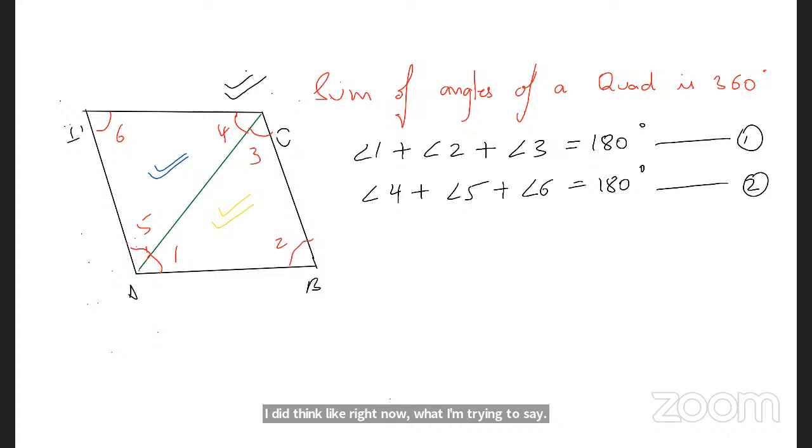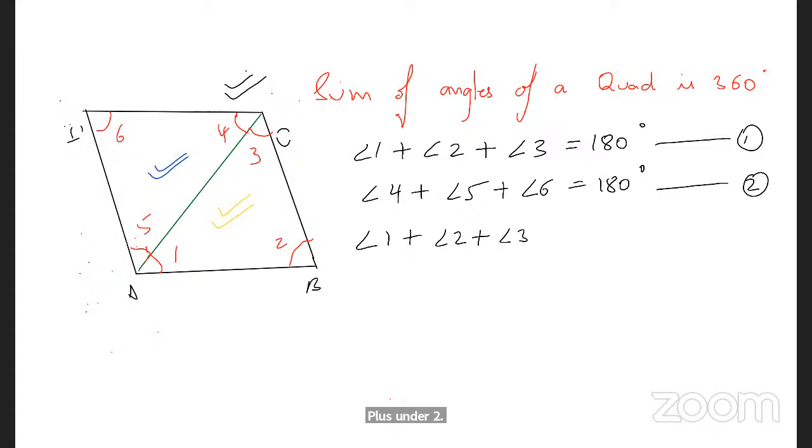All right. So now, if I write them all together, that is angle 1 plus angle 2 plus angle 3 plus angle 4 plus angle 5 plus angle 6.